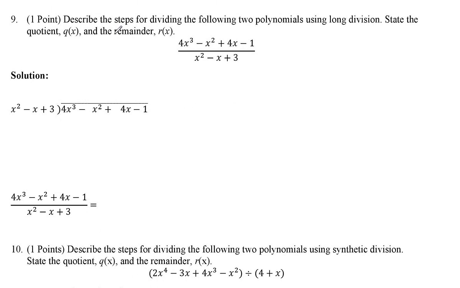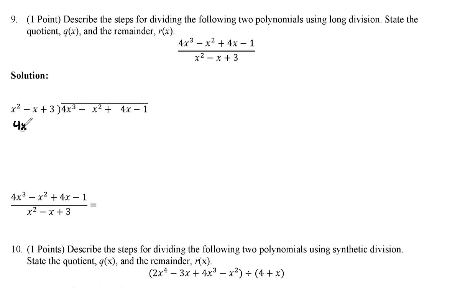Alright, next up here, looks like we need to do some long division. So we want a quotient and a remainder dividing 4x cubed minus x squared plus 4x minus 1 by x squared minus x plus 3. So I go ahead and put the dividend under the division sign here and the divisor out in front. And then remember, what we want to do is look at those leading terms and divide them.